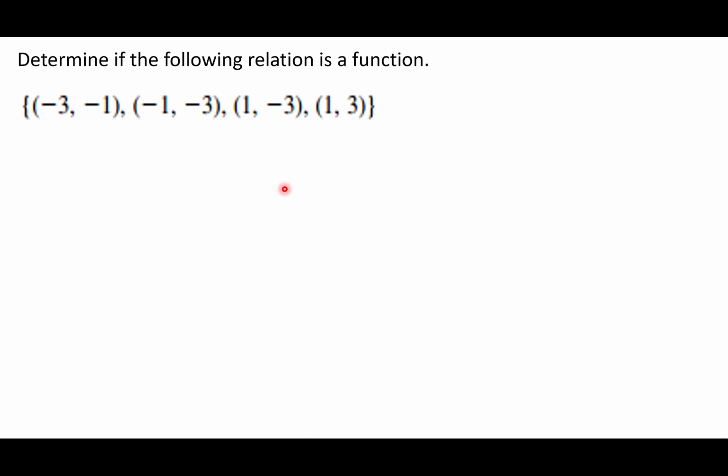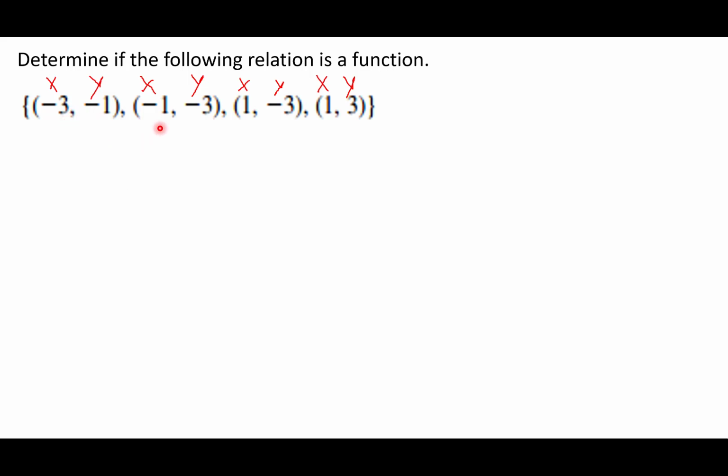So let's look at another one. I have got -3. So I like to mark my x values, because remember, a point is x and y. And we're going to look at the x values first. So in my x values, do I have any repeat?